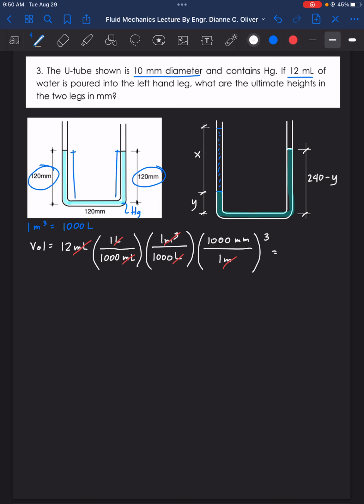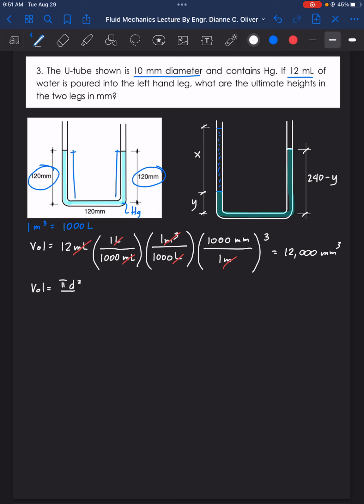What's left is 12 times 1000 cubed divided by 1000 squared. So that is 12,000 cubic millimeters.